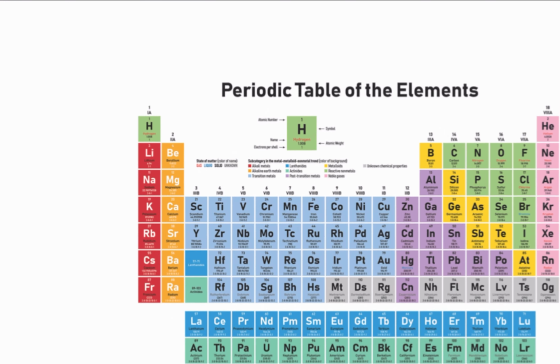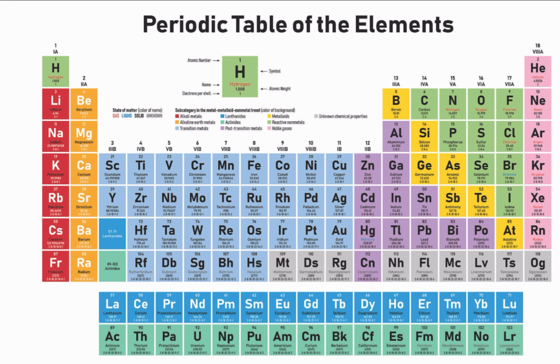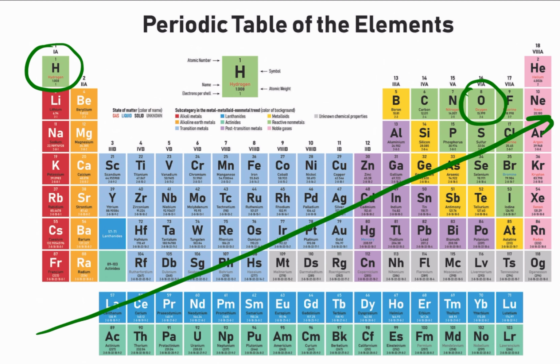And let's just peek at the periodic table down here where we have hydrogen and then we have oxygen. And again, in the last video, we talked about if we were to move to the right and up, the more electronegative that element is. So of course we know that oxygen is way more electronegative than hydrogen.